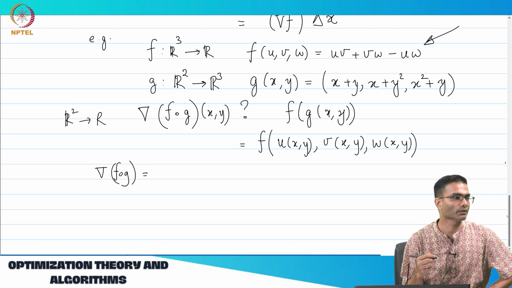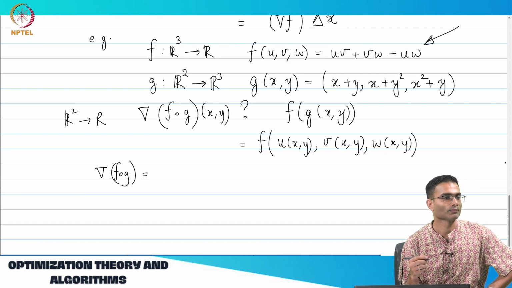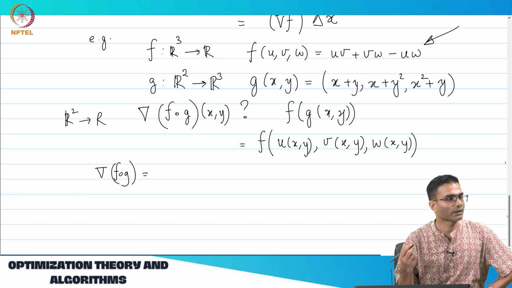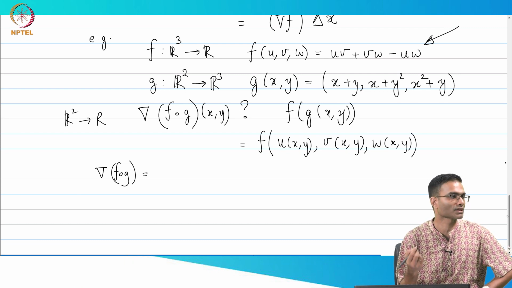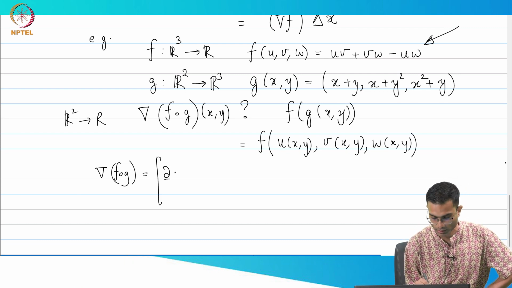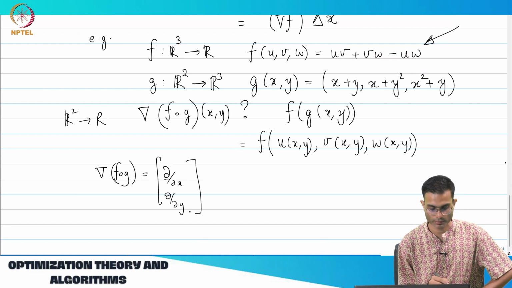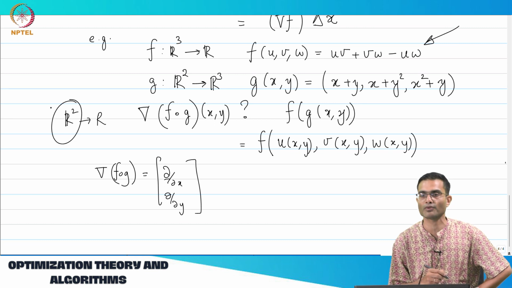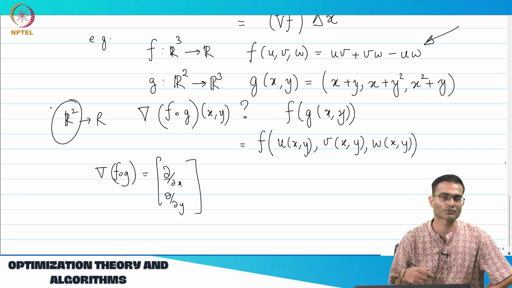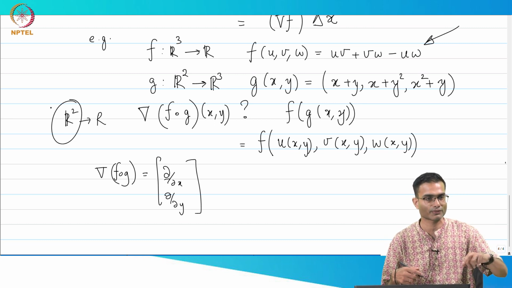And what will those 2 be? Del by del x, del by del y, because those are the 2 variables that this function depends on. You can also see it from here. It's a function from R2 to R, so I need to take the derivative with respect to each of them.